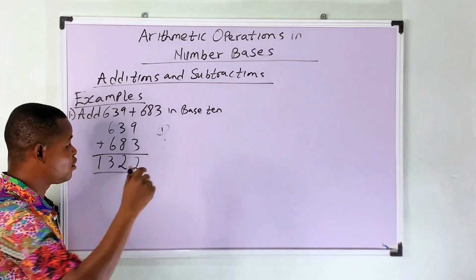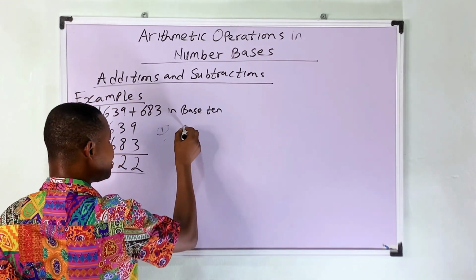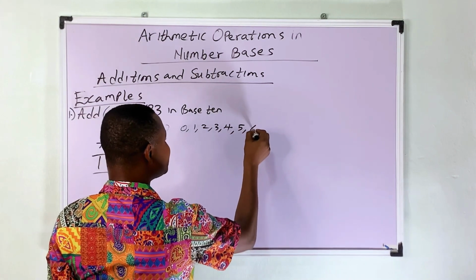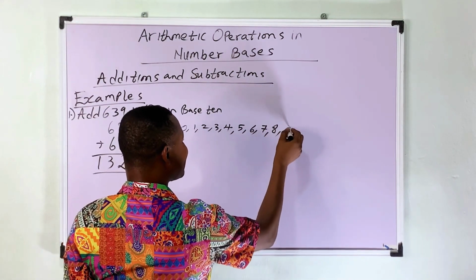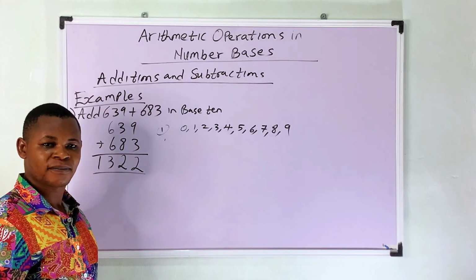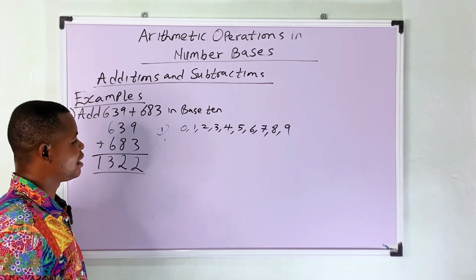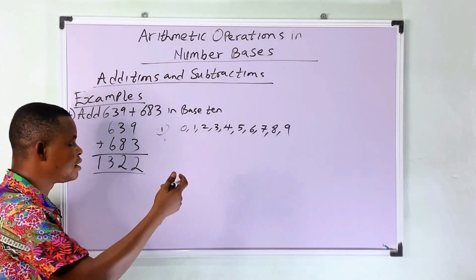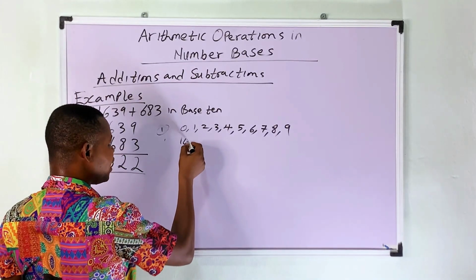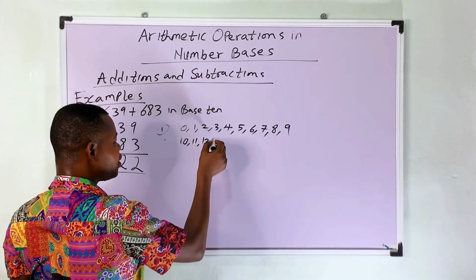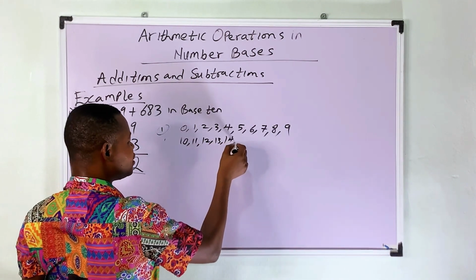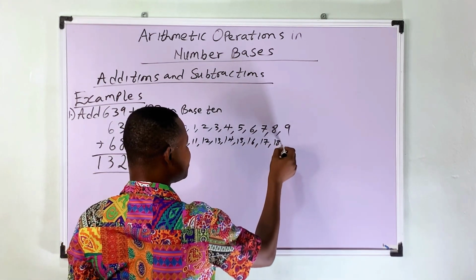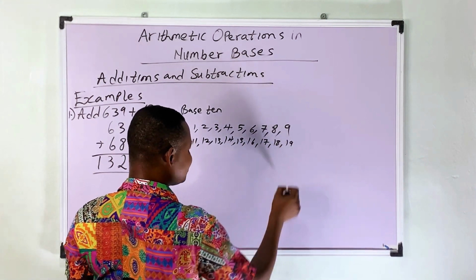Now look at this. In base 10, don't forget we have 0, 1, 2, 3, 4, 5, 6, 7, 8, and 9. Now, if we want to continue with the numbering system in base 10, we say we have 10, 11, 12, 13, 14, 15, 16, 17, 18, and 19.